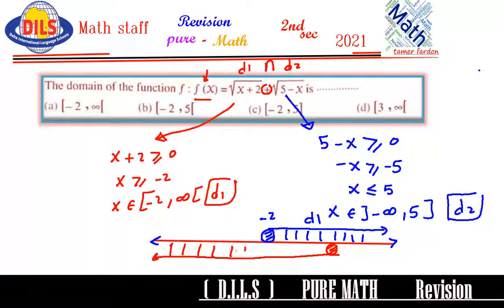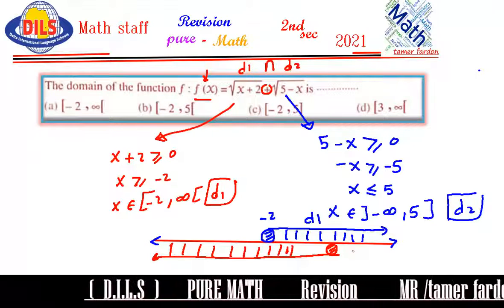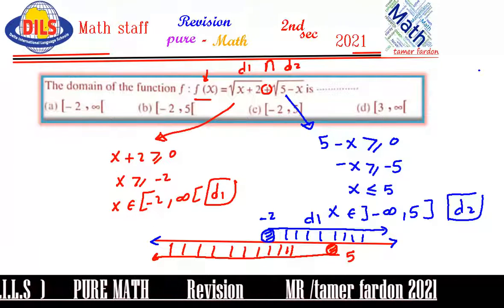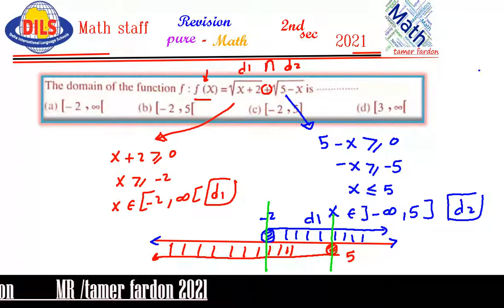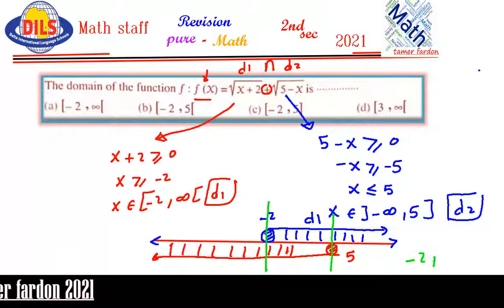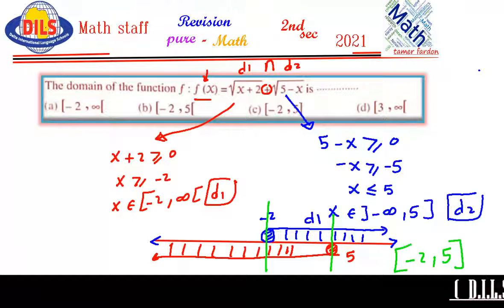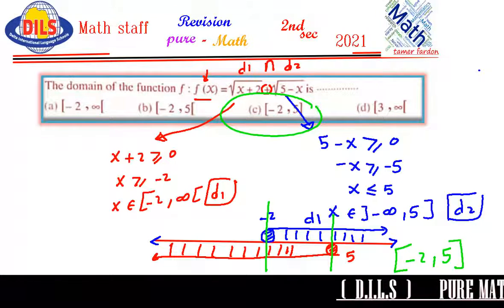So d1 intersect d2 is from negative 2 closed up to 5 closed, which is the domain of f(x). So the correct answer is C.